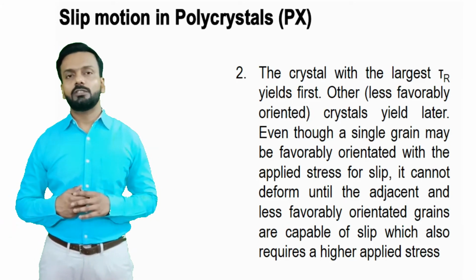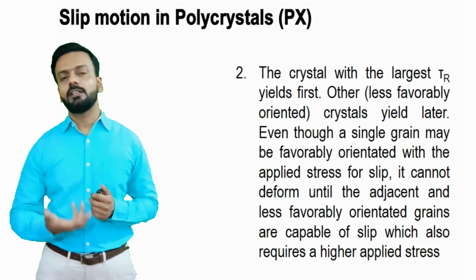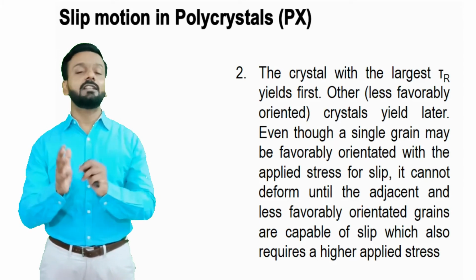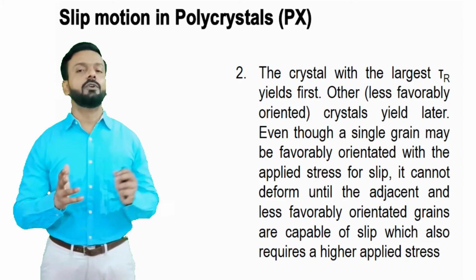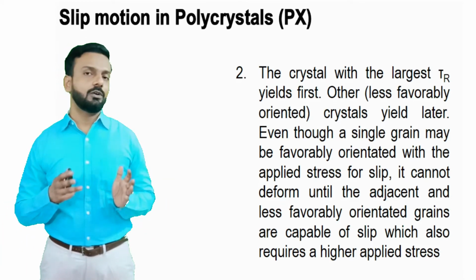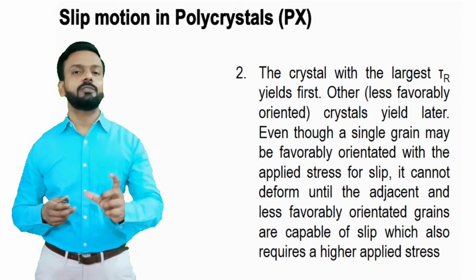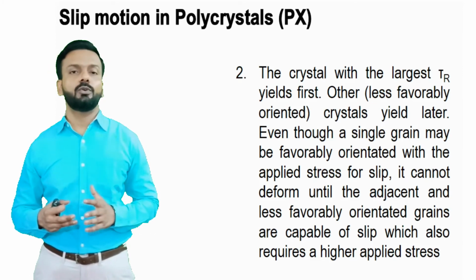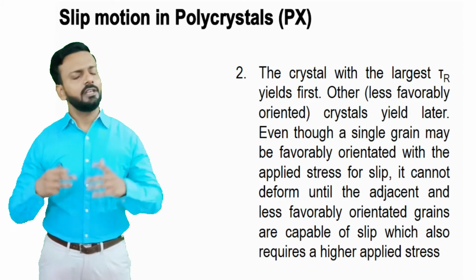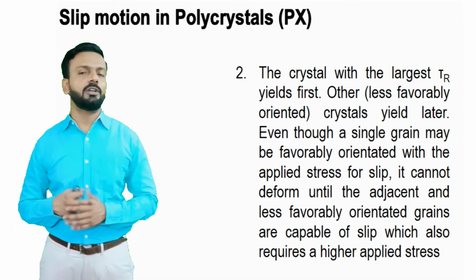So even though a single individual grain in a polycrystalline material may be favorably oriented for deformation, it cannot deform because all the other grains create a hindrance for this grain to deform. That is why all the grains have to be oriented in a favorable condition, only then will the deformation begin. Unless all the grains are oriented properly, the material will not deform.